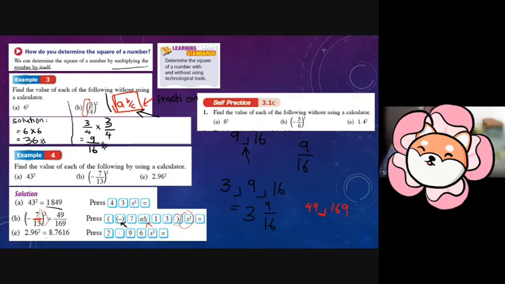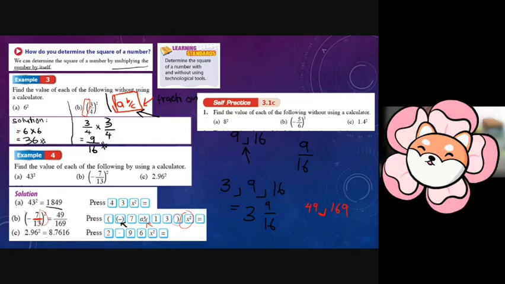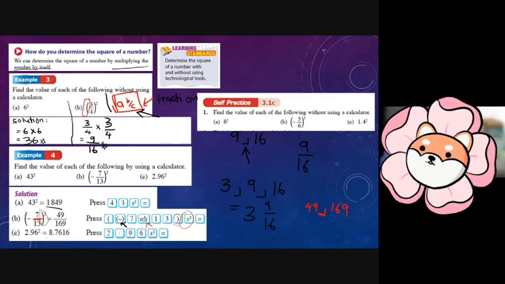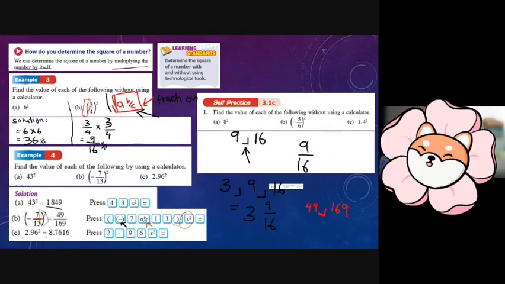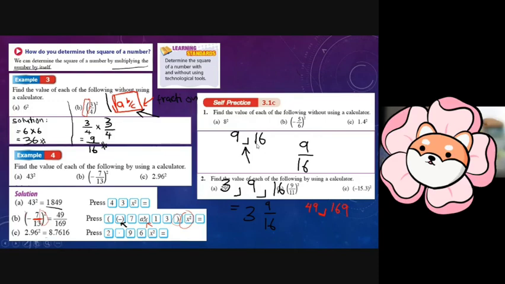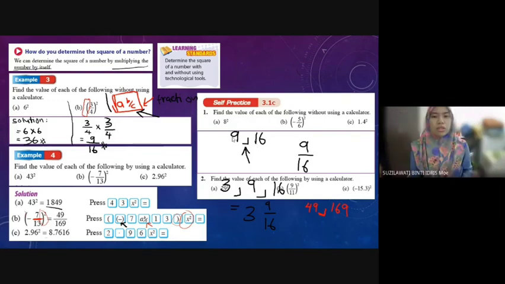Okay. Share saja. Okay, for your exercise today, I want you to do this self practice 3.1c, this 3 question, number 1 and number 2. Number 1, 3 question, number 2, 3 question. Number 1 without using calculator, number 2 use a calculator.